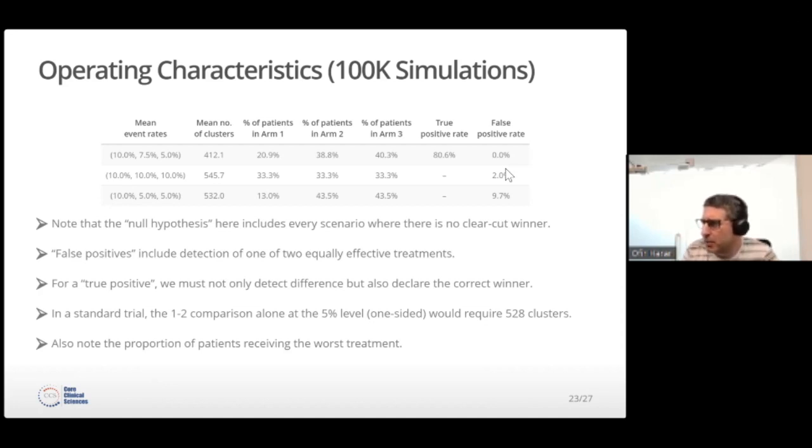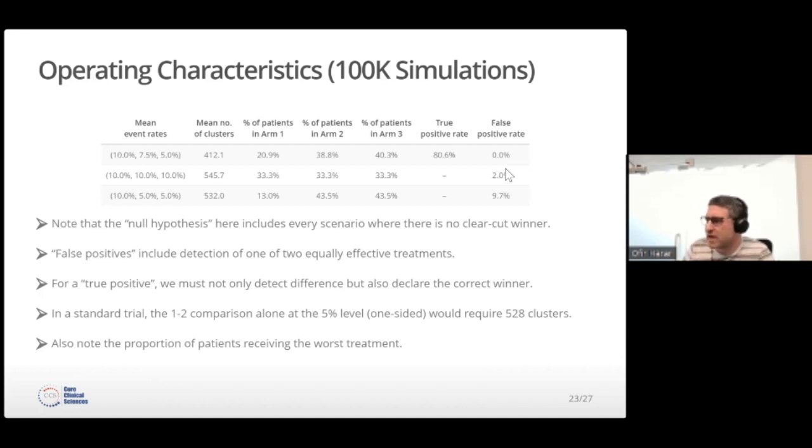Another point to look at is the proportion of patients that receive the worst treatment, in this case, the first one. You can see, for example, that under the top scenario, the alternative scenario, if you will, only 21% of the patients received the worst treatment.